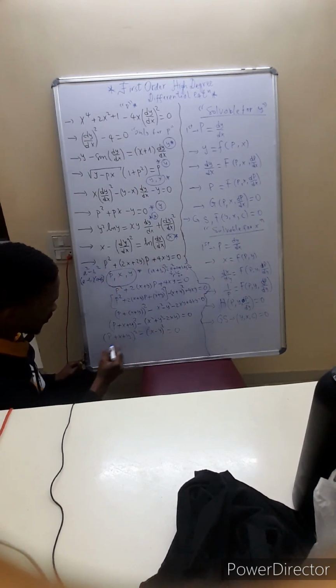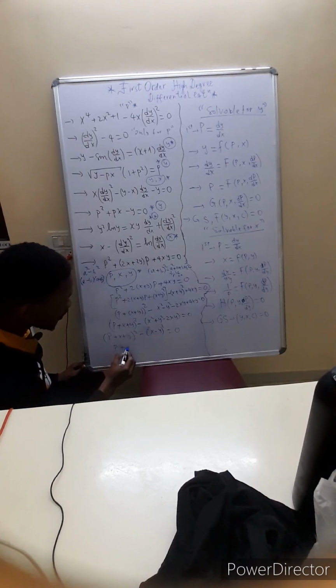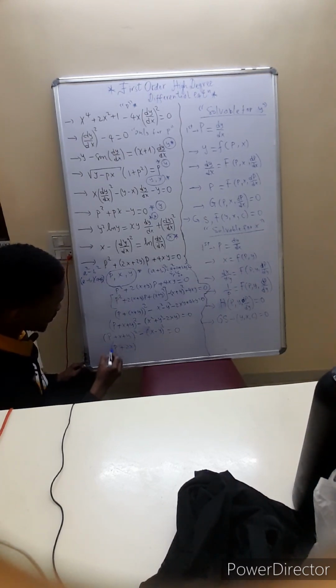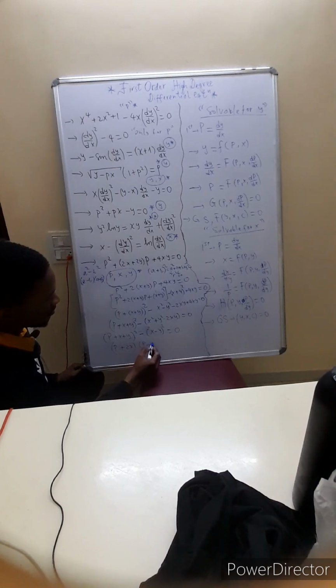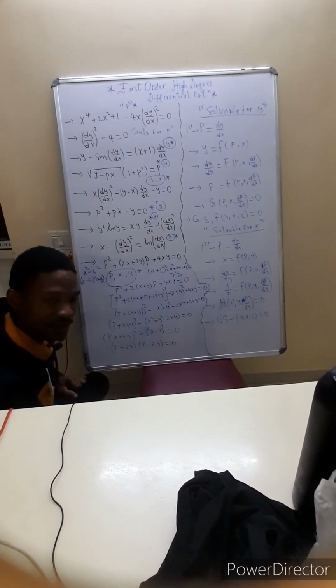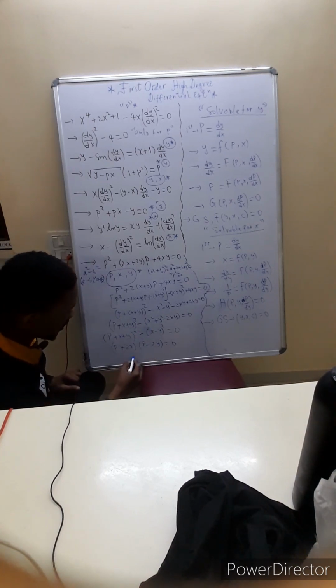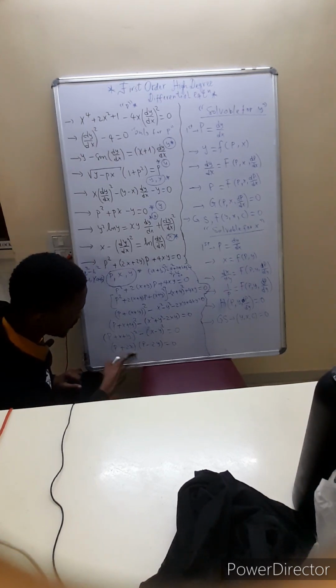Then from here, you will get p plus 2x and p minus 2y. Just by this, then apply integration and everything, and you will get an answer.